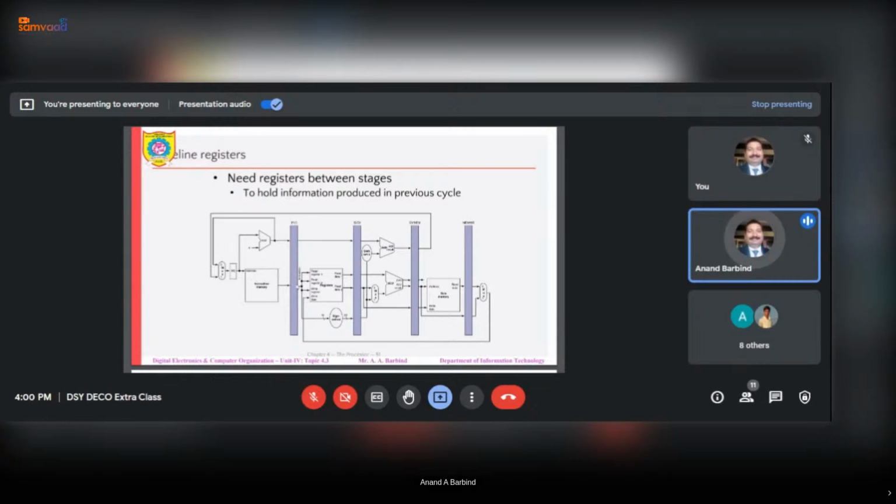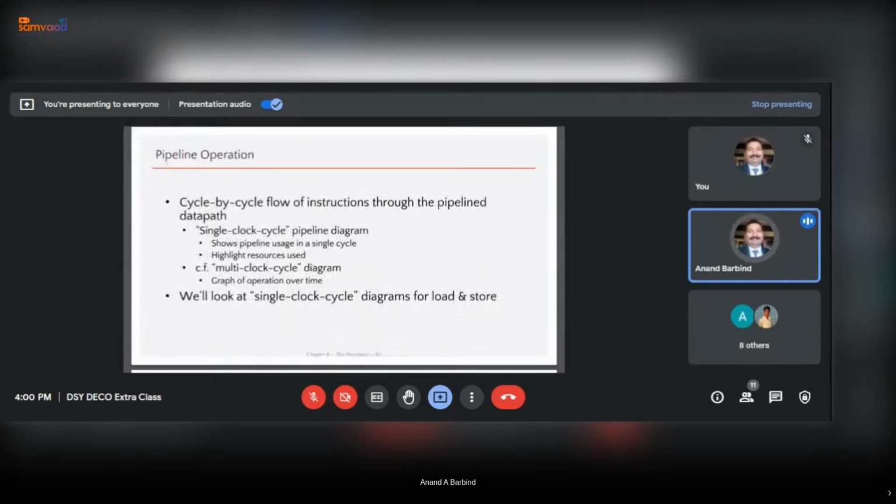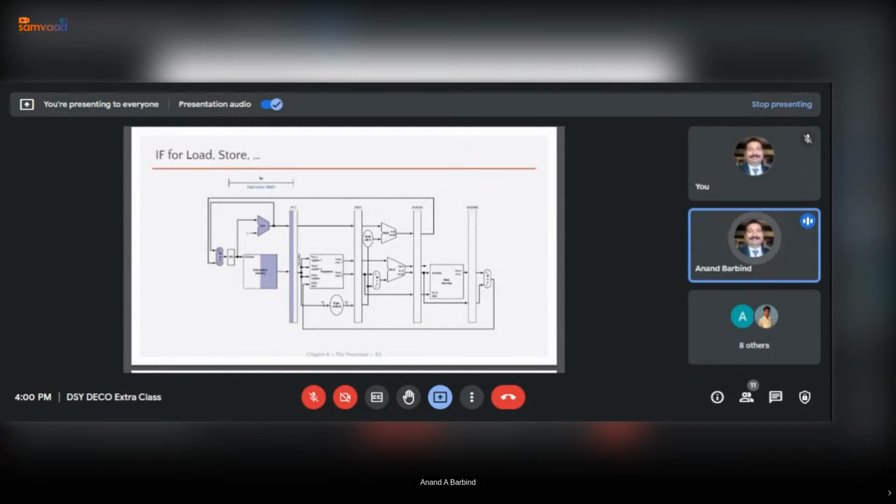What is the purpose of this pipeline register? The pipeline registers are going to isolate these particular units, and they store the state of the instruction. So how do they store the state of the instruction? That we shall see with the execution of one instruction.